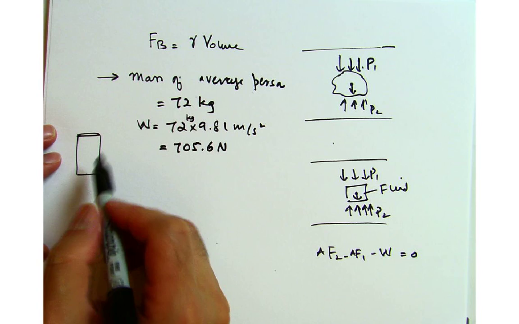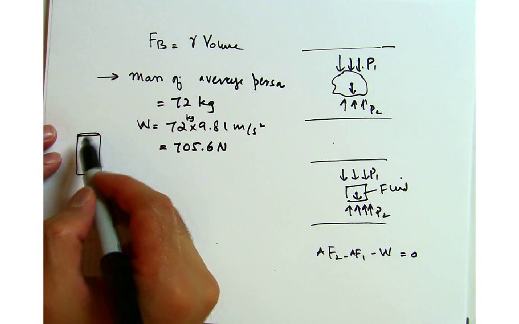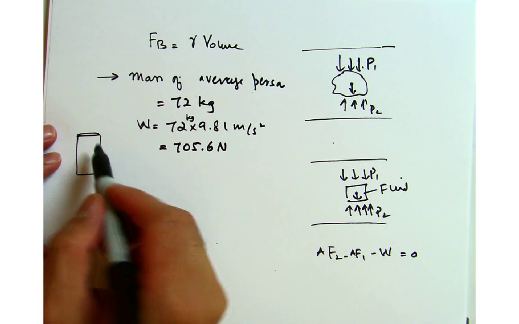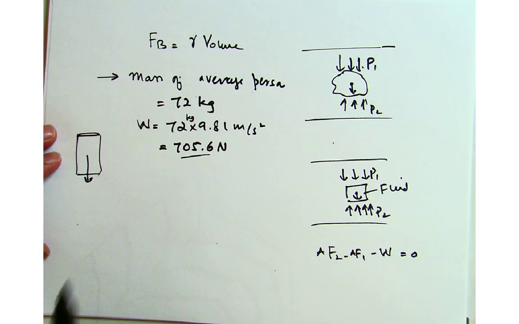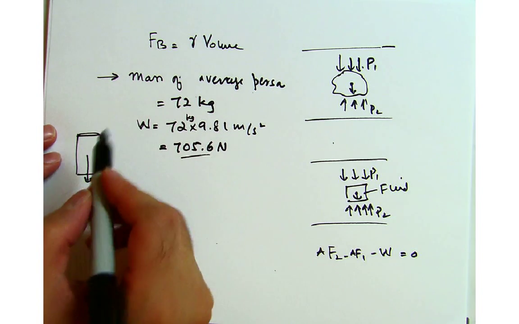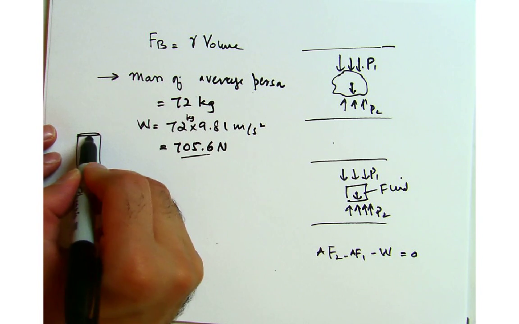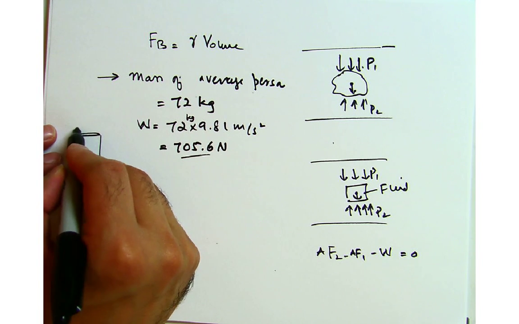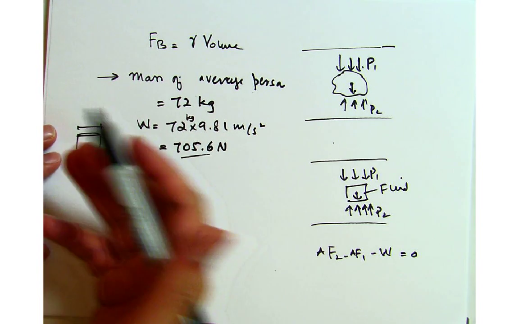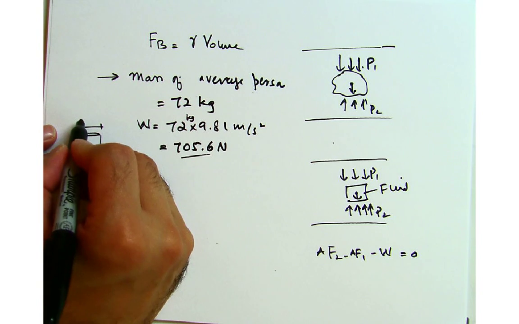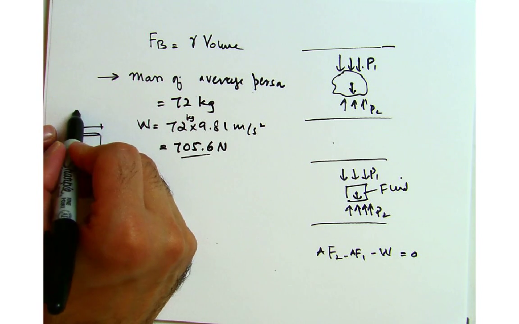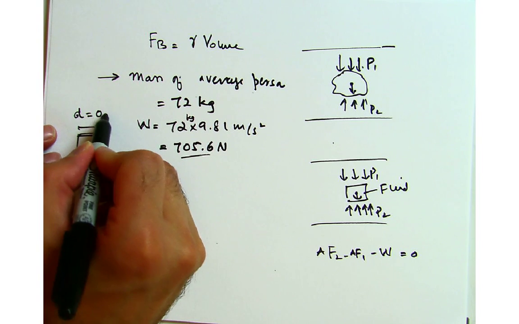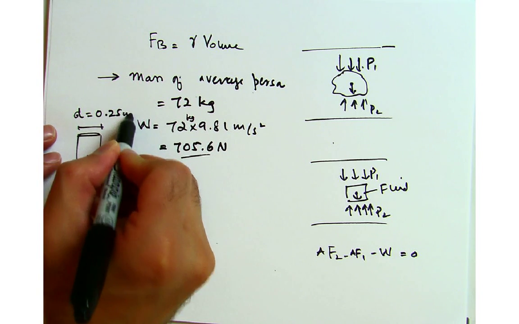I'm representing that person with a cylinder because it's much easier to do the calculations for the buoyancy. So the weight of that person is 705.6 newtons. I can assume that person, head and shoulders and everything, has a diameter of 0.25 meters.